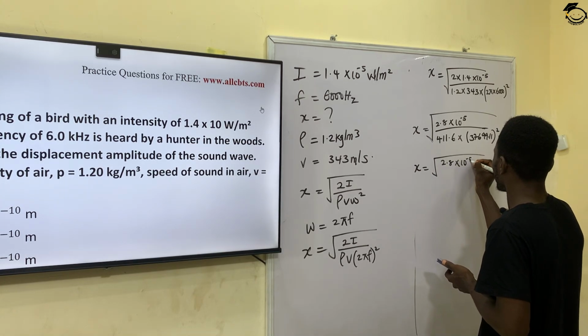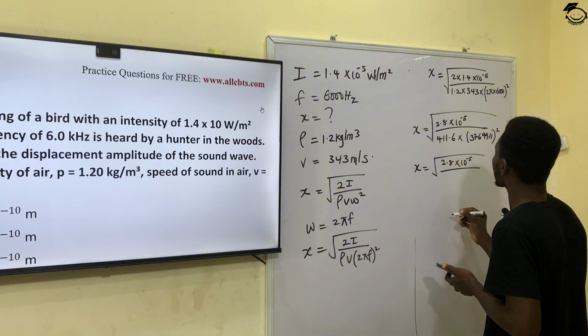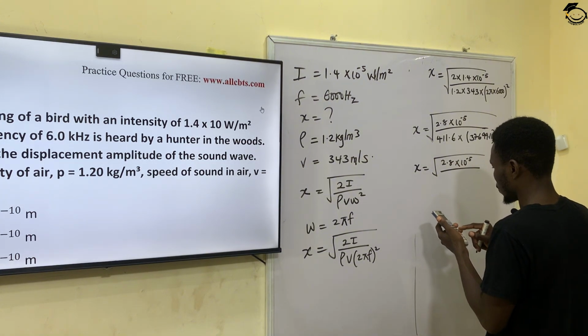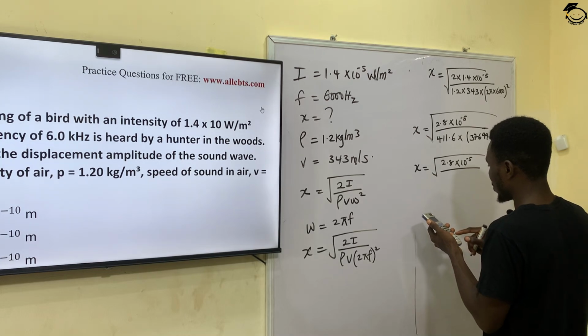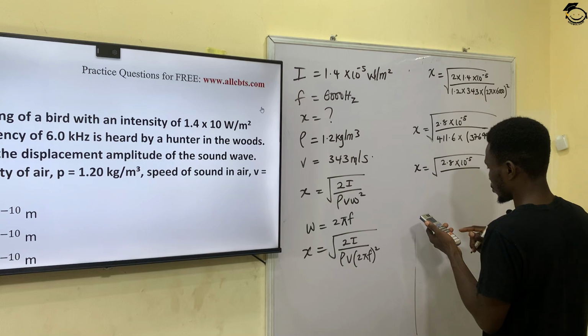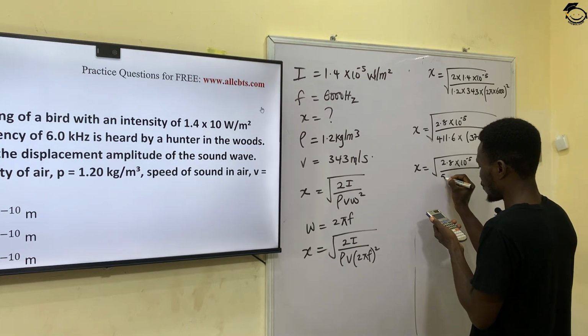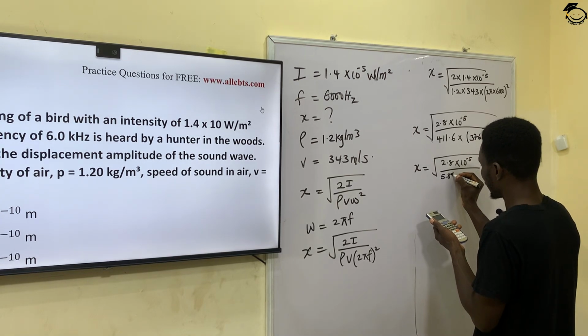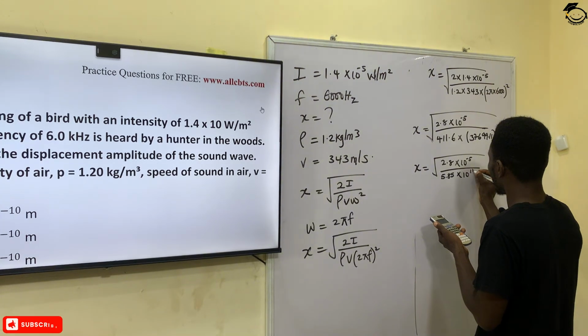So x is equal to the square root of 2.8 times 10 raised to the power minus 5 over, here I will square this and multiply it by 411.6, which gives me 5.8485 times 10 raised to the power 11.